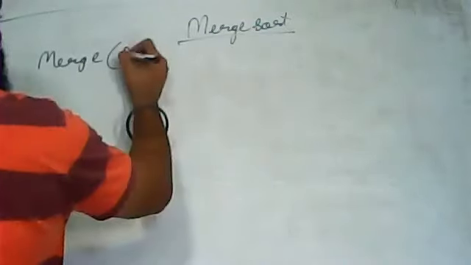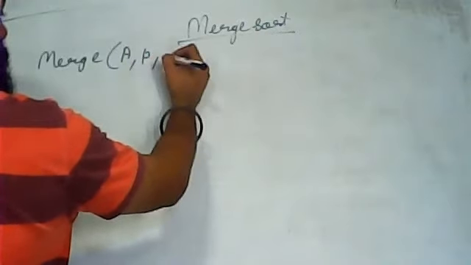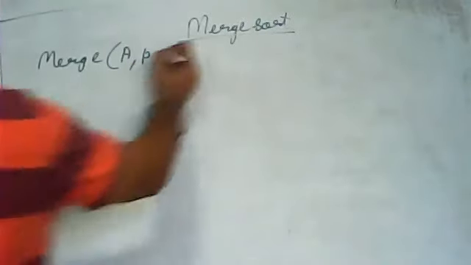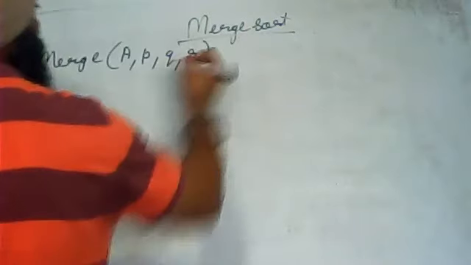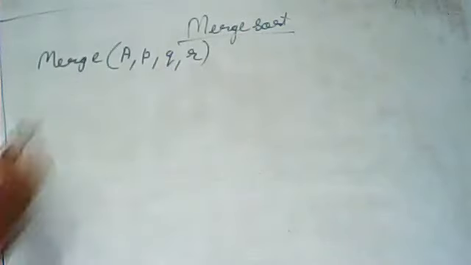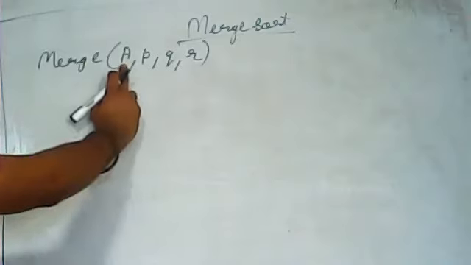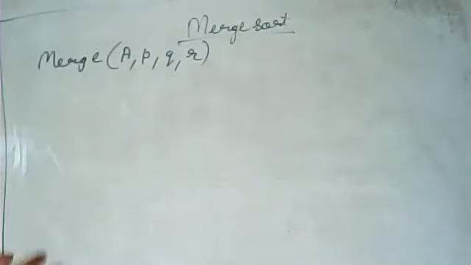Merge procedure, and I'll pass some arguments to it: the array, the starting point, the middle point, and the ending point. Our problem is to sort the elements. Why are we using another sort?